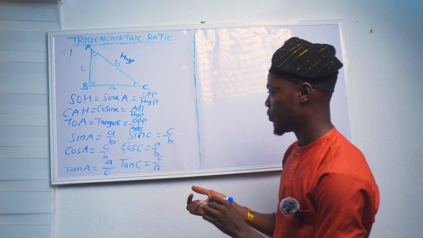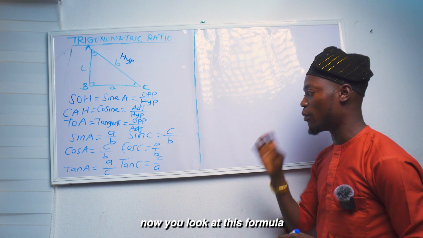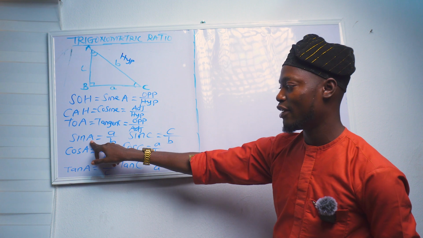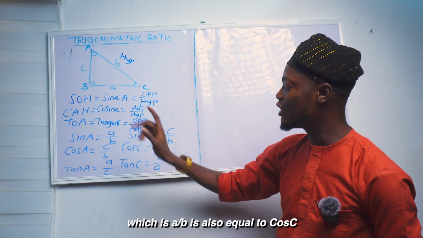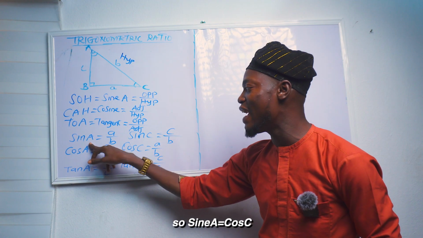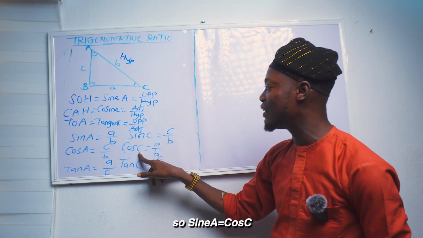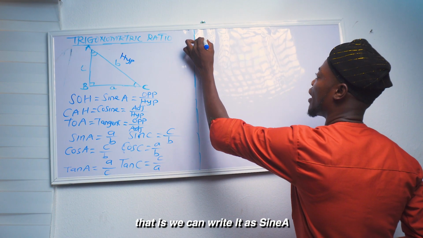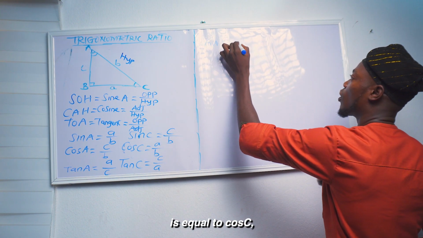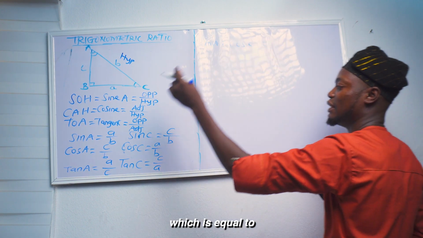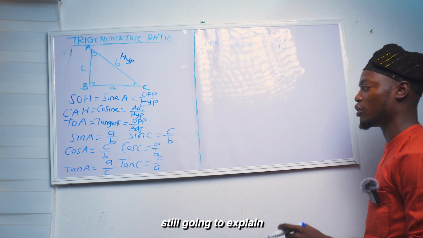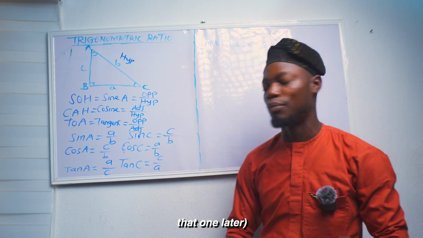Now, if we look at this formula very closely, we can see that sine A, which is A over B, is also equal to cos C. So sine A is equal to cos C, which is equal to A over B. I'm still going to explain that one later in clear terms.